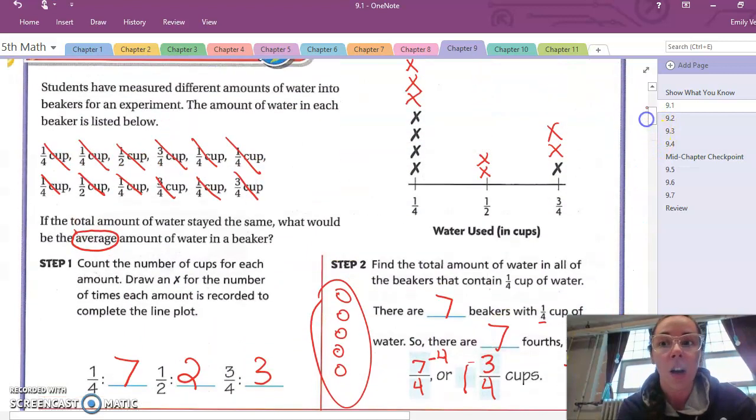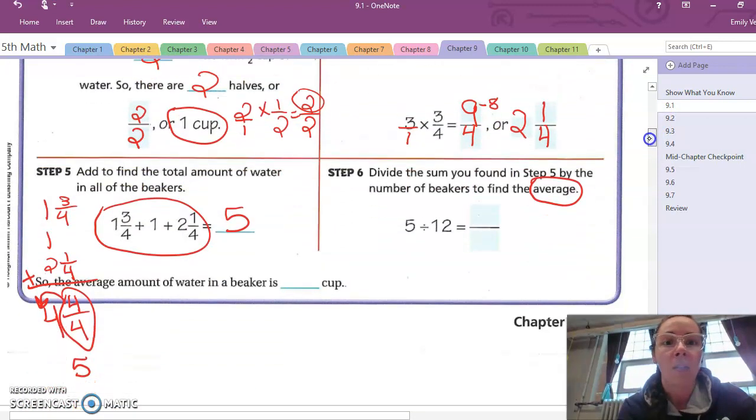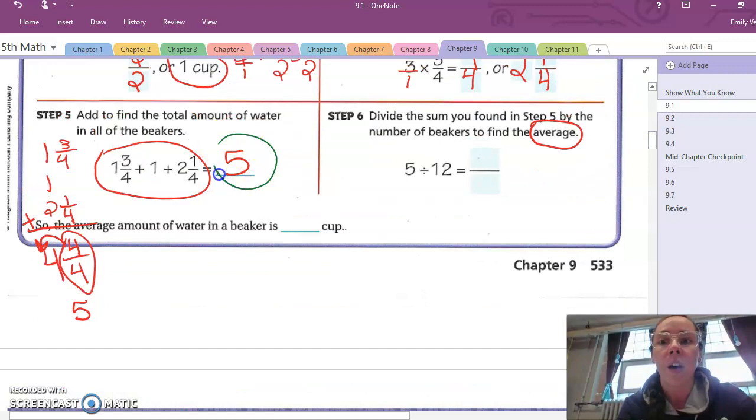So here, we count these. I'm going to use a different color so you can see. 1, 2, 3, 4, 5, 6, 7, 8, 9, 10, 11, 12. So I have 12 total things, and I found the amount of water to be 5.